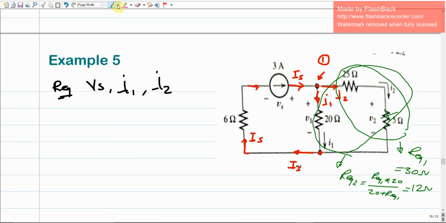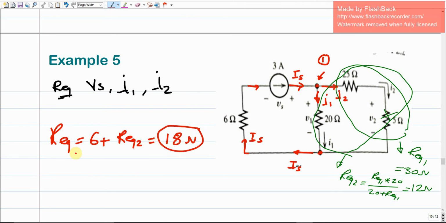So what does it mean? It means that we can conclude, for step 2, that the overall R equivalent for this electrical circuit is going to be the sum of the 6 plus the R equivalent 2, because they're in series, which gives us 12 plus 6, which is 18 ohms. So this is for step 2. We just find the R equivalent.